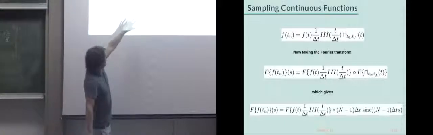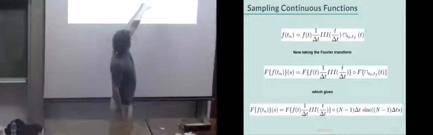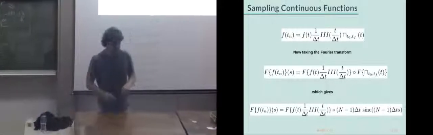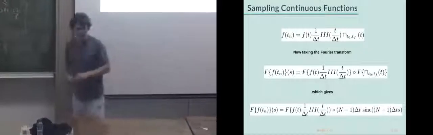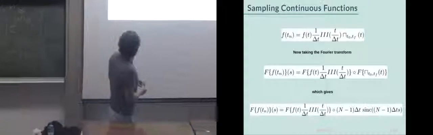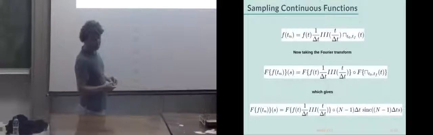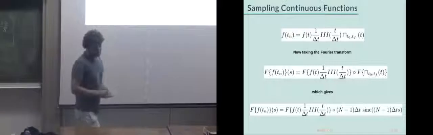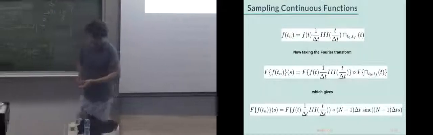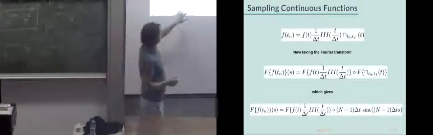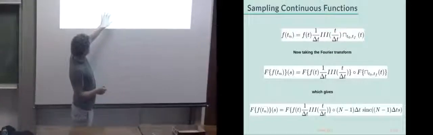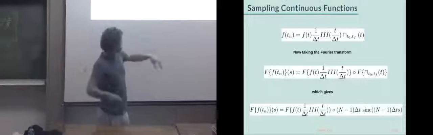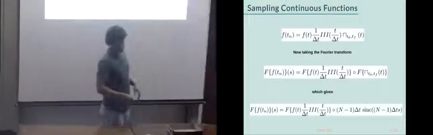And what is the Fourier transform of a boxcar function? It's a sinc. So this explains why we have these non-zero components. The discrete Fourier transform that we're taking is the Fourier transform of the infinitely sampled signal convolved with the sinc function.